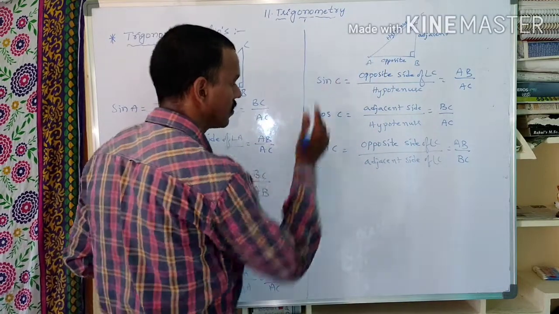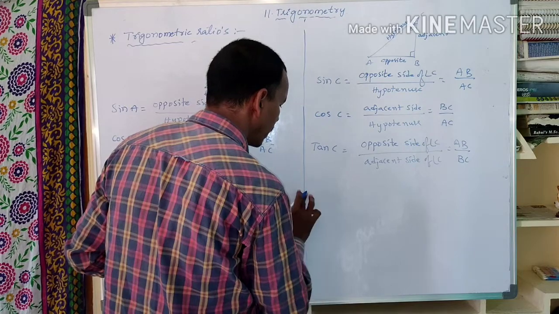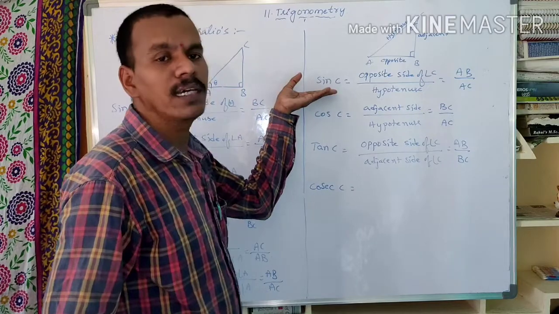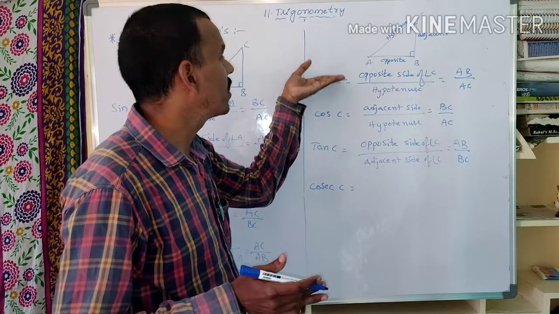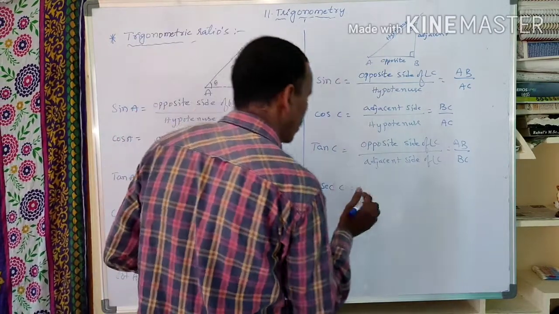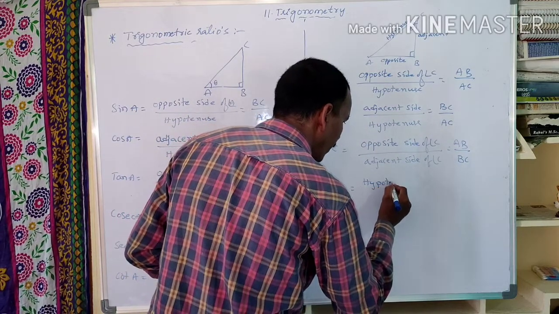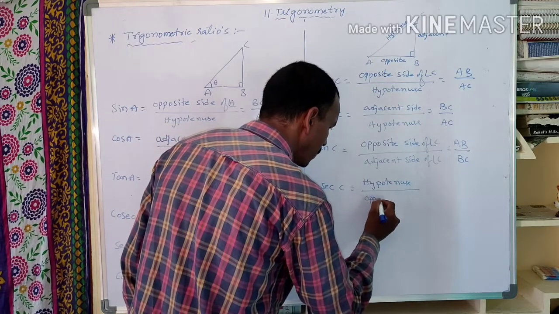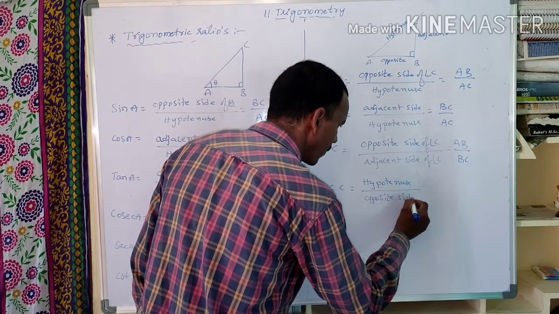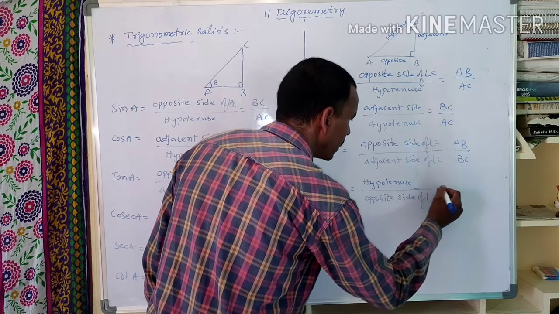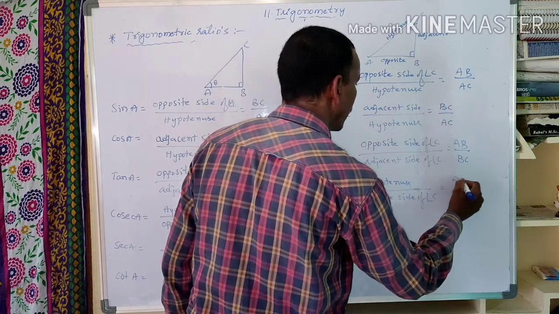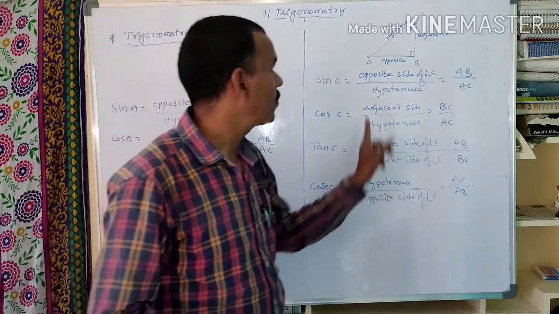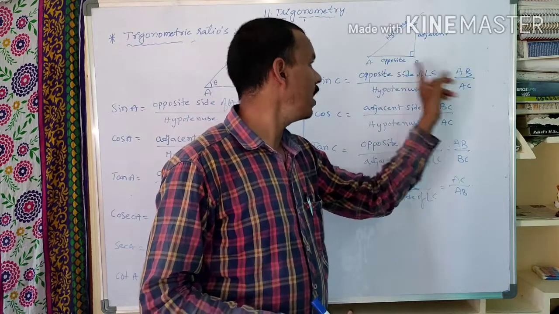Now next, cosec C. Cosec C is the reverse of sin C, the multiplicative inverse of sin C: hypotenuse by the opposite side of angle C, which is AC by AB.